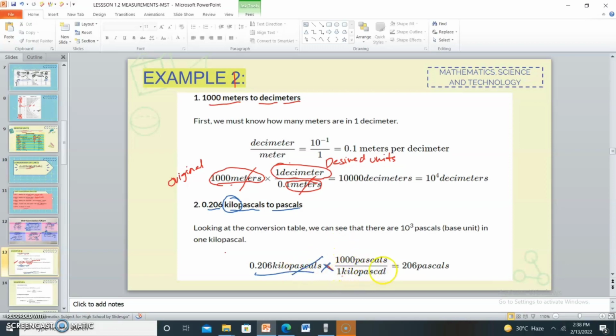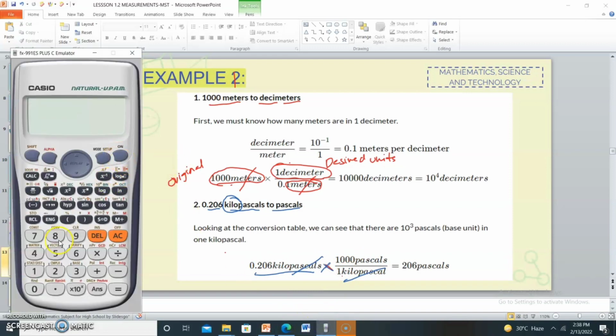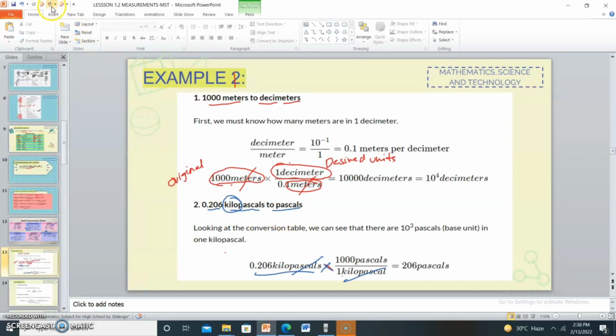So, cancel out the kilopascal: 0.206 times 1,000 over 1. Let's compute. That is 206 Pascal. Make sure the answer is in the base unit. If not, that is wrong.